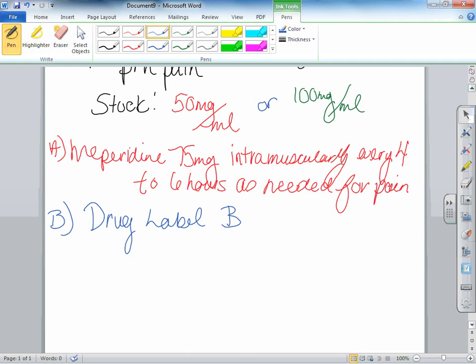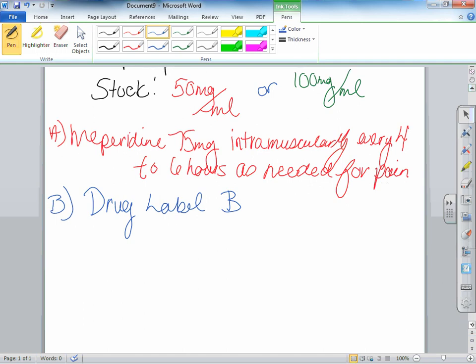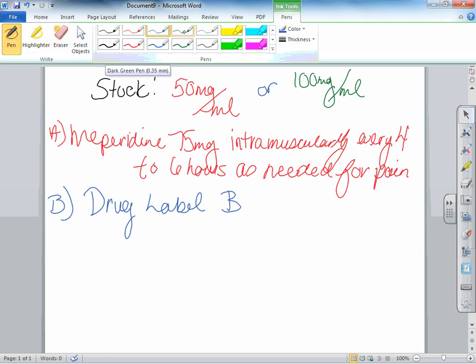So it's best to use 1 vial of the 100 milligrams. The next question is, why did you choose the vial to be used? Well, that's why. If I use label B, I'm only going to use one vial instead of using two vials for label A and wasting one of the vials.